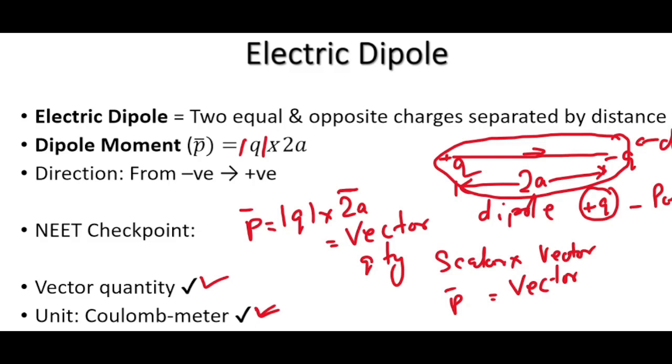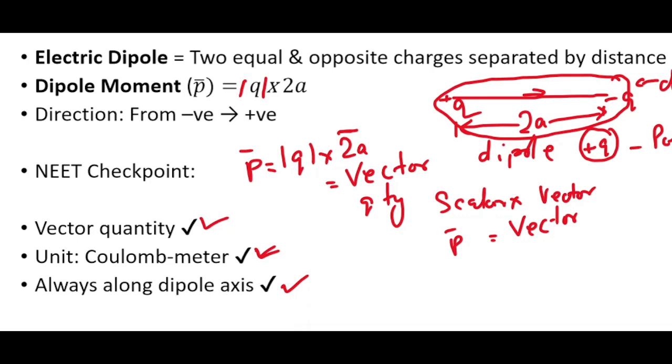Electric dipole. Dipole direction is always from negative to positive.